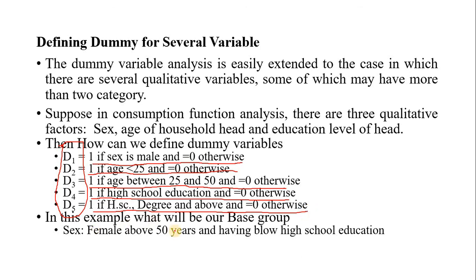So this base group will give you the wage rate of the female who is above 50 years and has below high school education. In such a manner you can define as many dummy variables as you want to add.